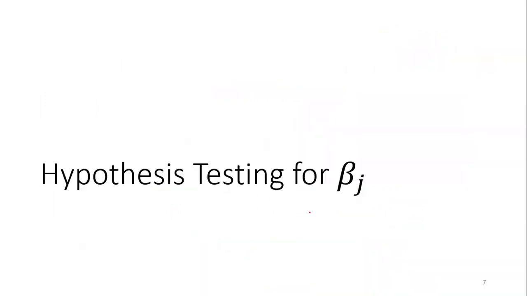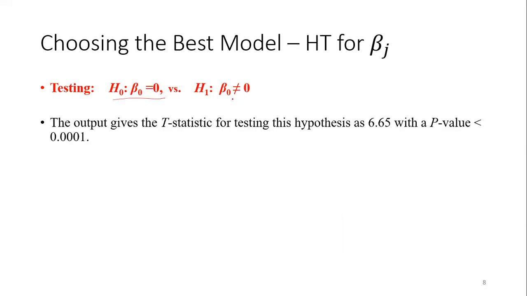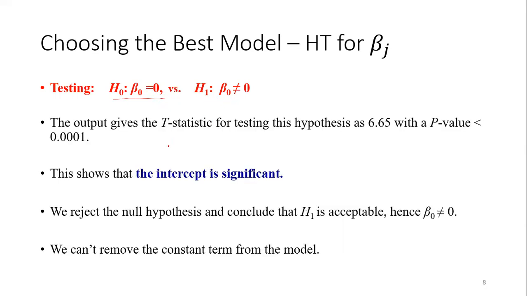The next thing is hypothesis testing for beta j. In multiple regression, we will see how we can manage this hypothesis testing for the beta j's. The first thing is to test beta 0 equal to 0 versus beta 0 not equal to 0.